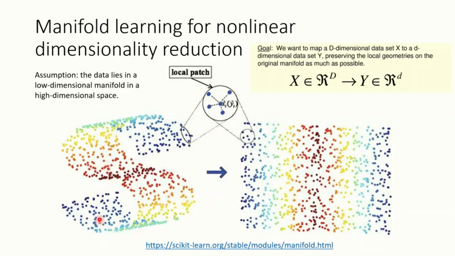So this is what you know. If you want to reduce the dimension from 3 to 2, you want to fully unfold this structure. So you keep the global structure: you're still in the middle with dark red, and then at both ends you have dark blue.